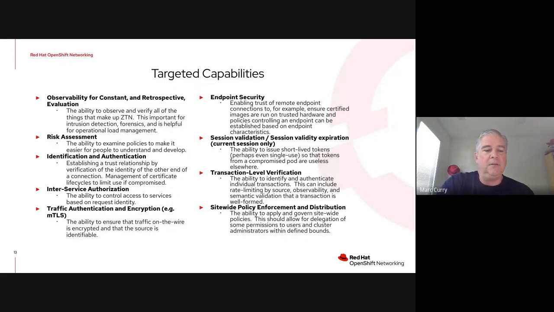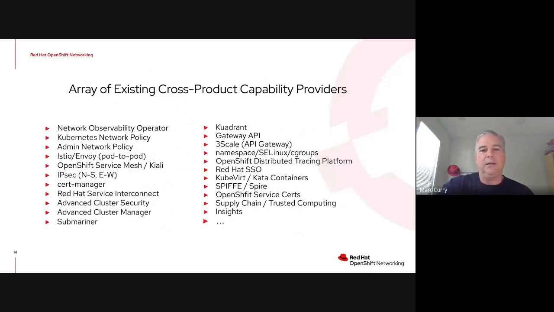So what we're going to do is take all those capabilities and match them up to our existing products and capability providers. And this is also a non-exhaustive list, but we have a lot of things. A lot of people associate Red Hat OpenShift networking with the Kubernetes CNI plugin, but it's far, far more than that. The plugin is a bullet point to all the things that the networking provides.